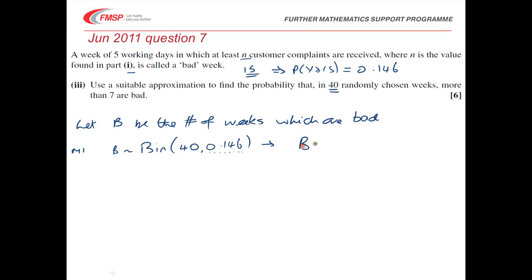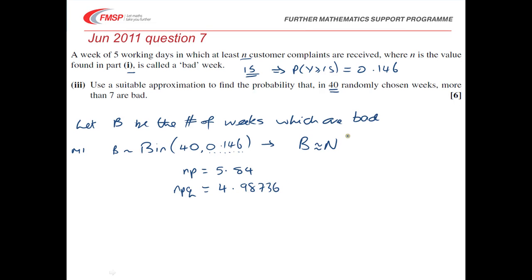So if we do that, B can be approximated as a normal. You need to work out the mean, so that's np. In this case, np is going to equal 5.84, and you also need to work out your variance, npq, which is going to give me 4.98736.